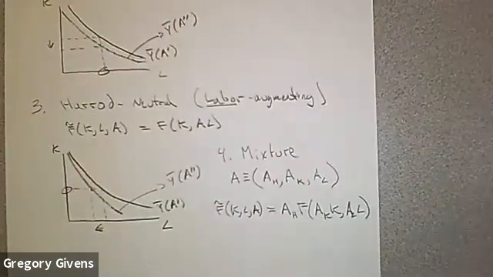All four of these forms of technological progress look equally plausible, right? There's no reason to think that one of them is more realistic or more empirically compelling than another. But it turns out that if we want our growth model to exhibit the property of balanced growth in the long run, then all technological progress has to take a particular form.